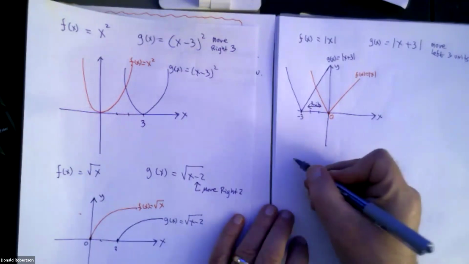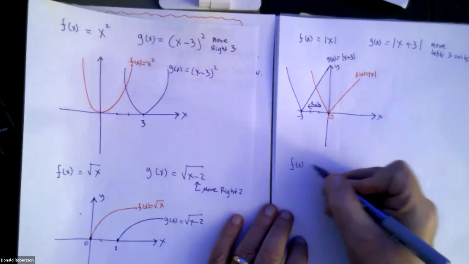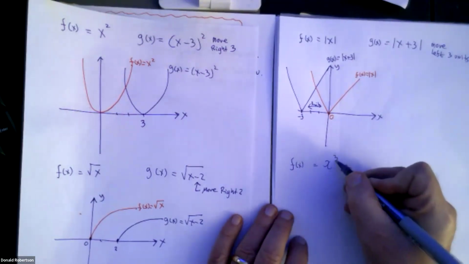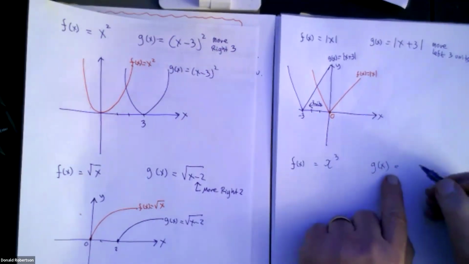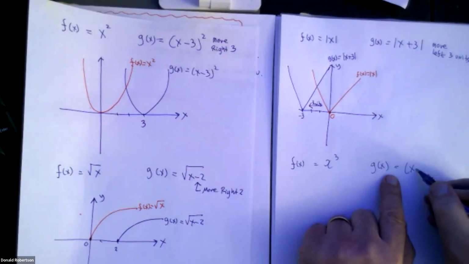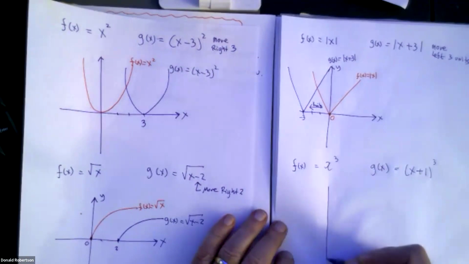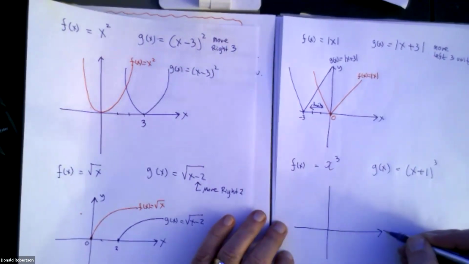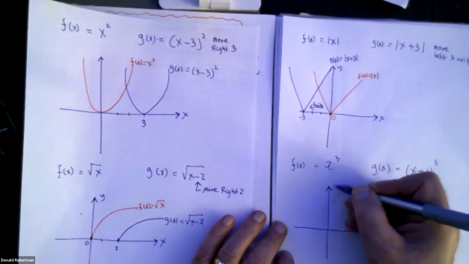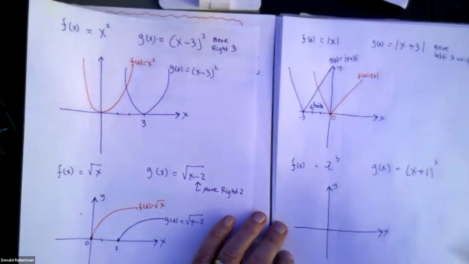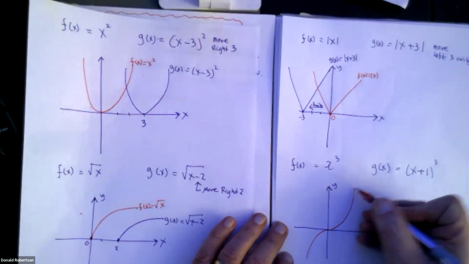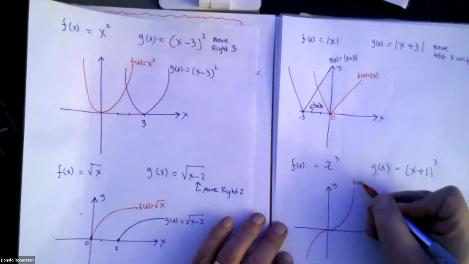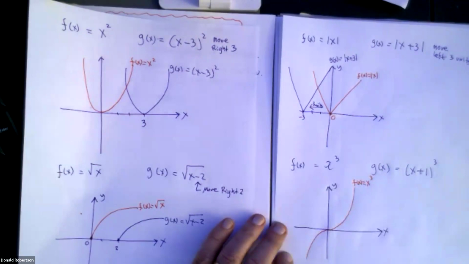So how about one more of these? Suppose I had a function, say X cubed, and the transformation function would be X plus 1 cubed. And without Desmos, if I wanted to just do a rough sketch of what that would look like, hopefully we recognize what the cube function is.